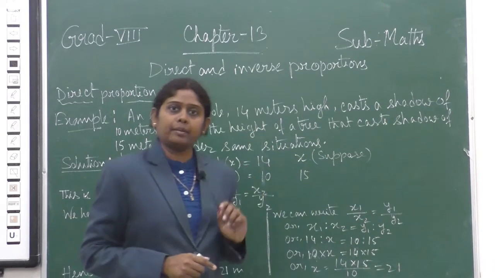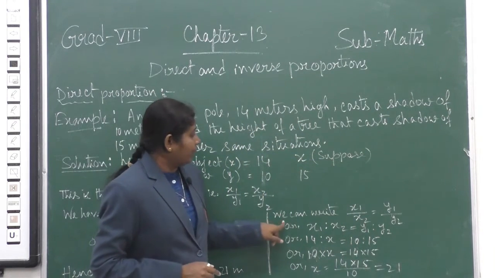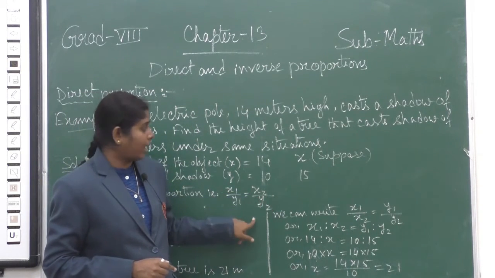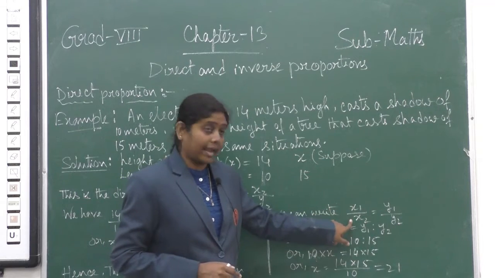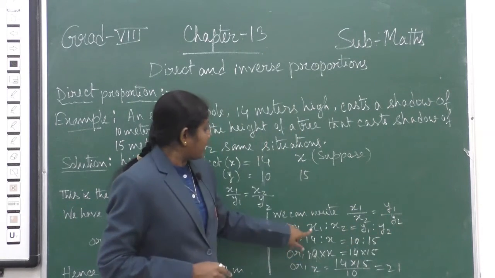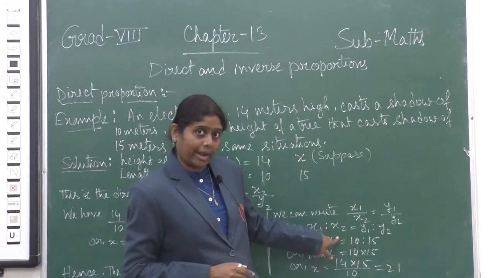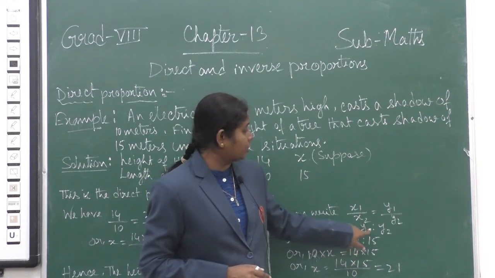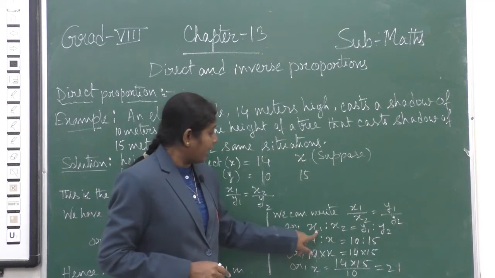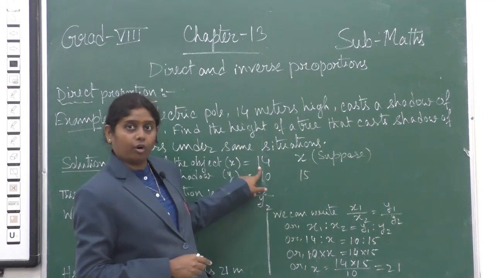Now come to the second method. We can write X1 by Y1 is equal to X2 by Y2, so X1 by X2 is equal to Y1 by Y2. So X1 is to X2 is equal to Y1 is to Y2, where the X1 value we know is 14.